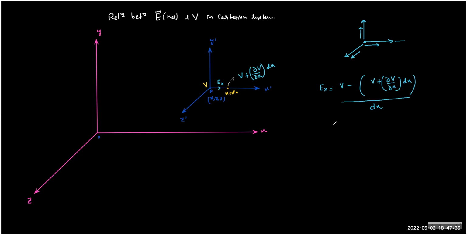So what you can see here is that this turns out to be minus del v by del x only. So the partial derivative of the potential along the x direction gives the x component of electric field. And that's a very simple, nice answer.